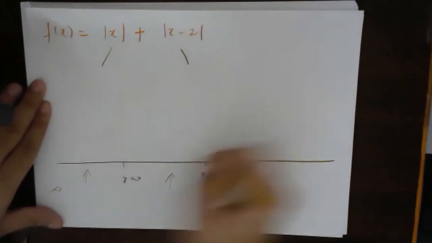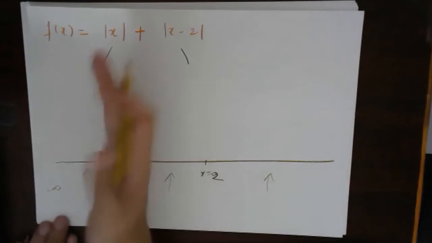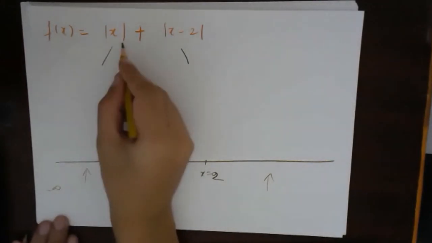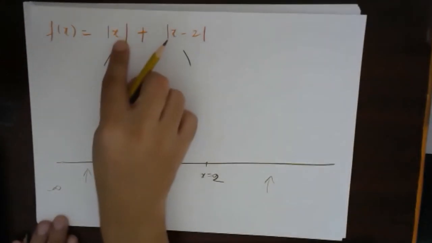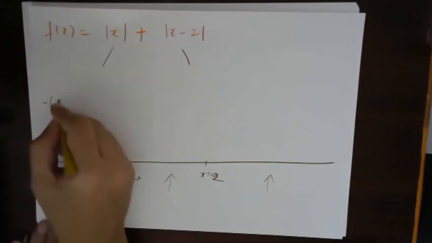Okay, so let's see. Now I'll break this whole x-axis into 3 parts. First, when x is less than 0, the part inside the modulus of x will become negative. So how will the mod open? With a negative sign, so this is minus of x.